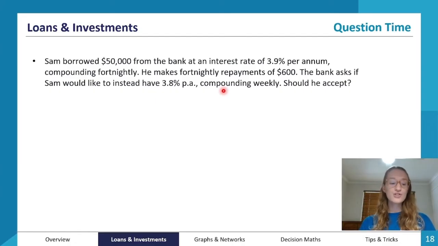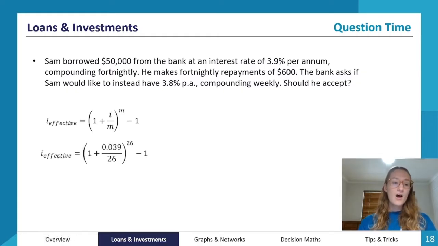So let's use our effective annual rate of interest formula to determine that. So I effective. We'll have a look first at the 3.9% per annum option. So here you see that I is our decimal rate of interest, and you can see here in the I effective formula that it already takes into account the number of compounds per year.